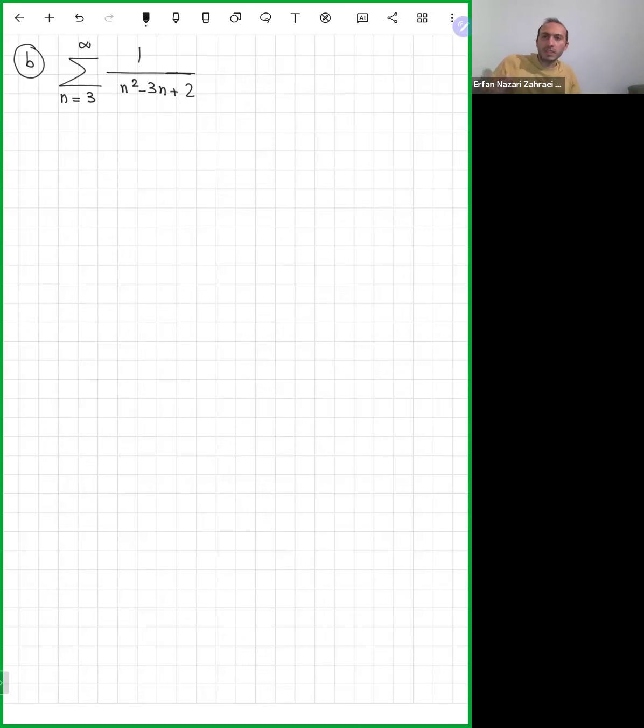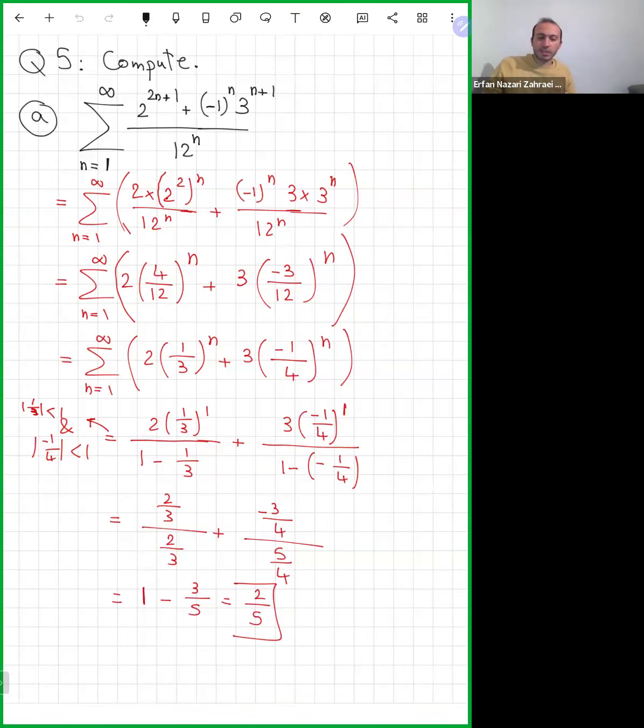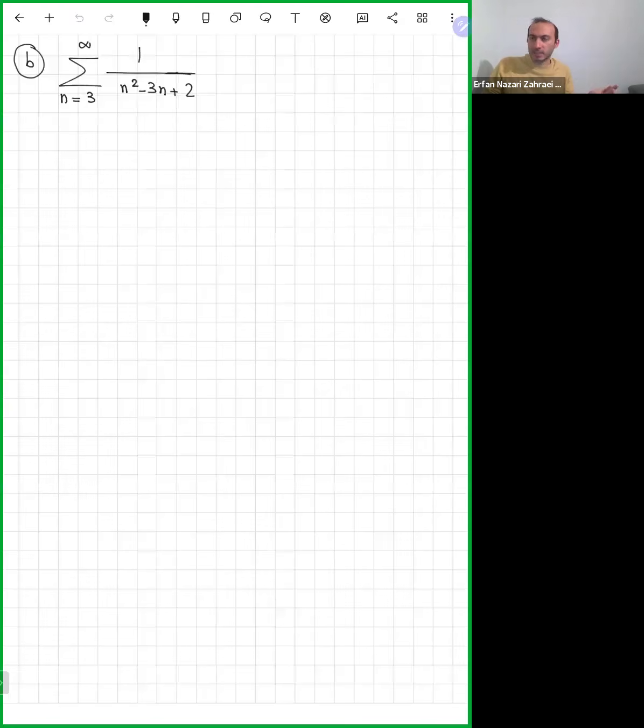And I know that only in this course, only for two types of series, I can compute the exact infinite sum. One of them is geometric, like the computation that we did in the previous question. The other one is telescoping series. So this is definitely not geometric. Hence, it should be a telescoping series.